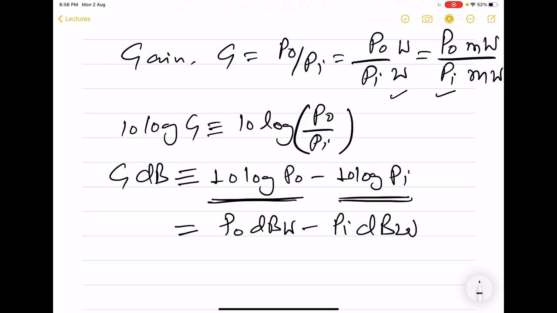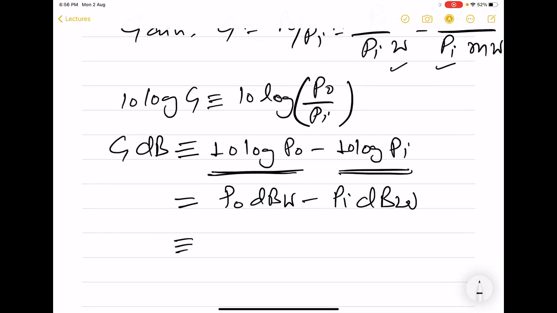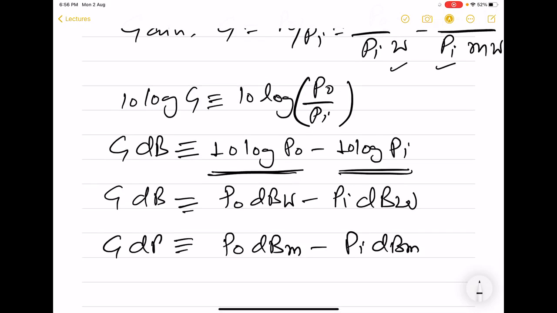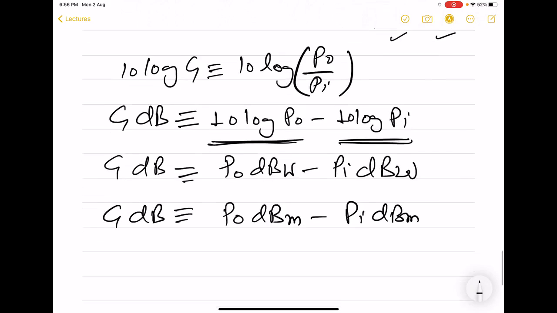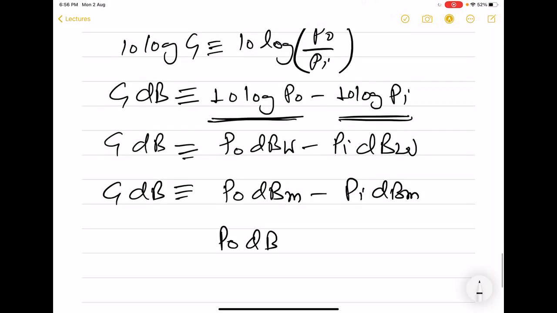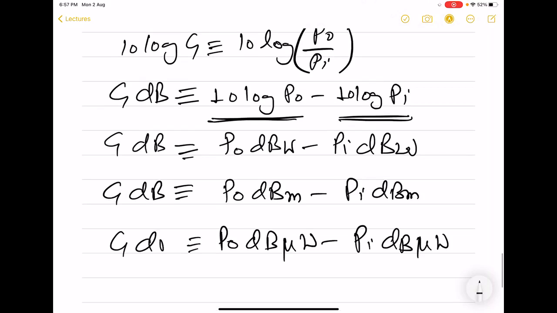Or if these quantities are in milliwatt, then we could have written PO dBm minus PI dBm. Note that on the left side, we always have gain in dB, but on right hand side, the actual unit of power will vary depending upon the unit in which power has been specified. Similarly, one can have PO in dB microwatt and PI also in dB microwatt, and the gain remains in dB.